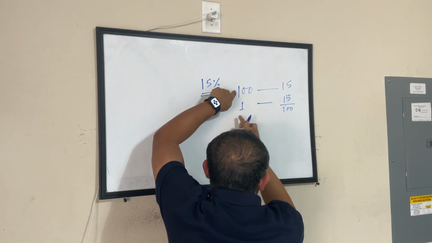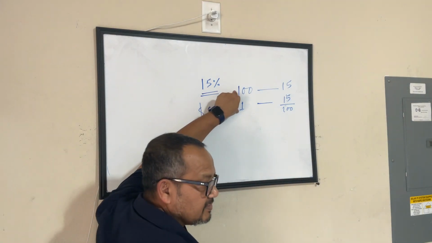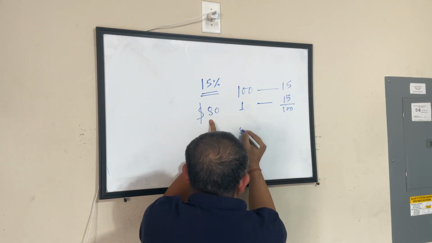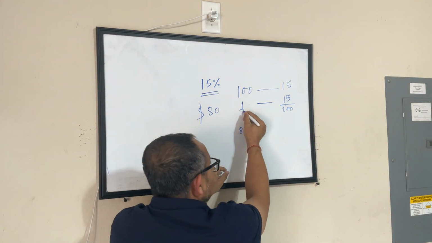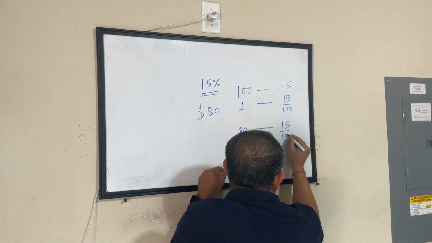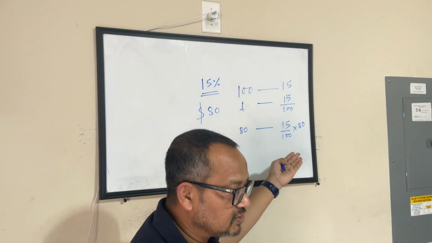I had 1 into 100, so I just kept 1 here and 100 came down. If I pick up something which is priced at 80, it will be 80 times the value of $1, or 80 times what I'm getting for $1. And you know how the calculation works.